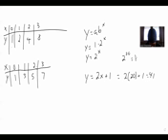That's 1,048,576. So clearly 2 to the 20th is bigger.